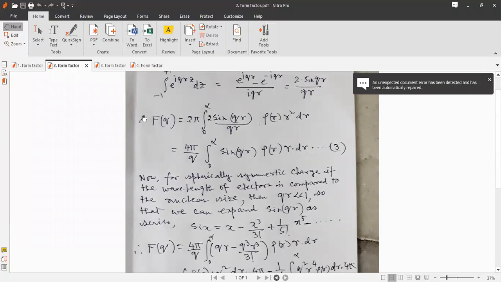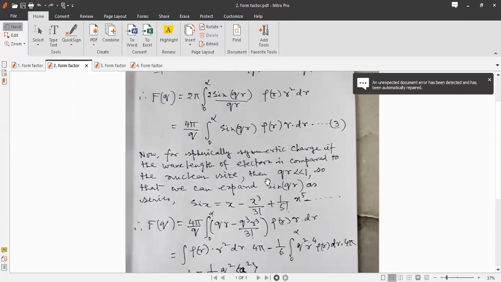After that we come to this expression when we have done our integration over the angles theta and phi. So we are left with only functions of r, and this is expression 3, which gives us the value of the structure function, the form factor.